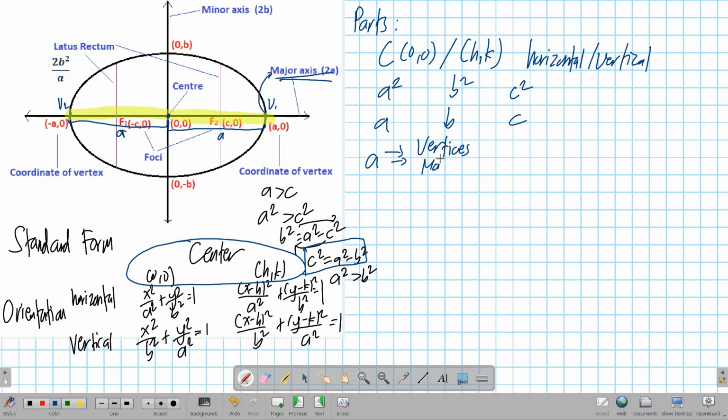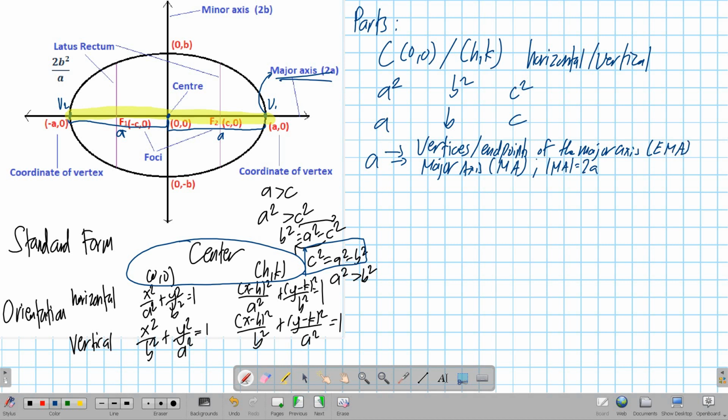So the major axis, which I shorten with a capital M, capital A, is also related to a because the length of the major axis is equal to 2a. And this also tells us that the vertices can also be called the endpoints of the major axis.